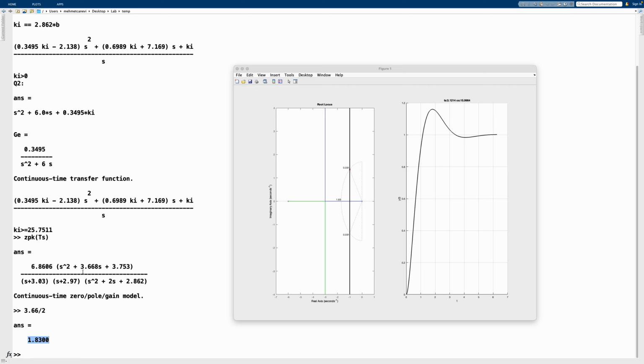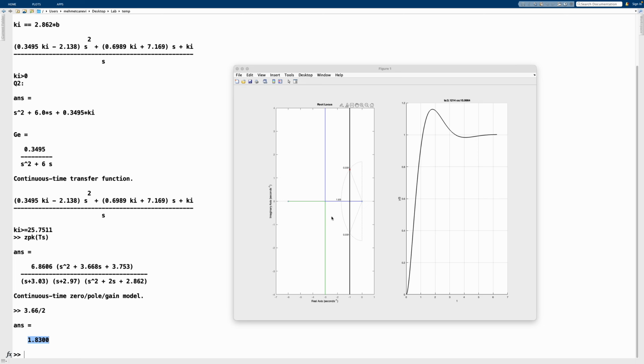So that's for sure. Of course, we can check out what happens if we increase the gain a little bit and see how this is going to be affected. But this is just one of the possible solutions that we have. We could have even taken 10 or 20 points on this branch and then shown them on the right here to see if there's even a better one or not.